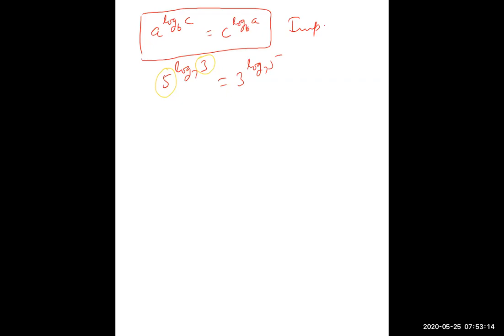For example, 2 questions I will take here. Question, solve. Find the value of 2 raised to power log 3 5 minus 5 raised to power log 3 2. First question.